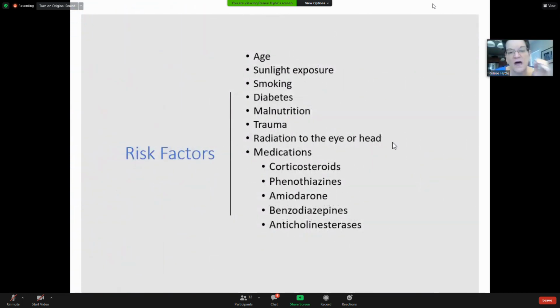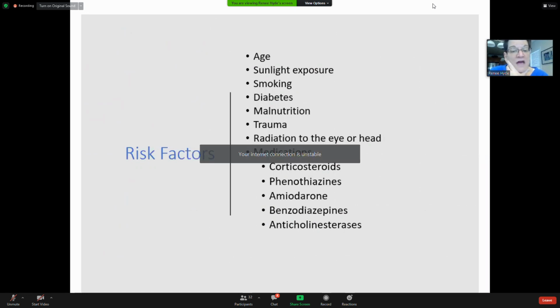All right, so phenothiazines. A lot of them are your anti-nausea meds. A lot of them are your antipsychotics, okay? Amiodarone is a medication that we give as... and they're on that medication to prevent them from developing it.